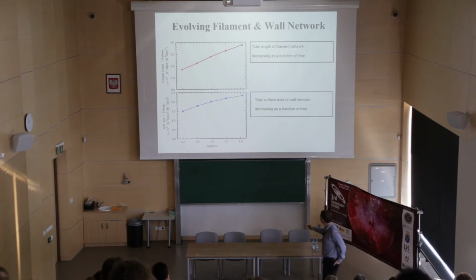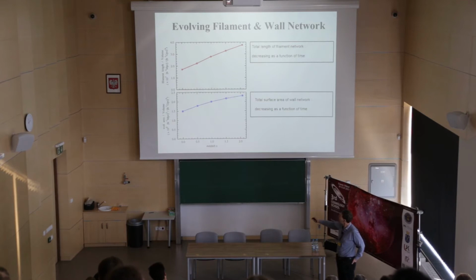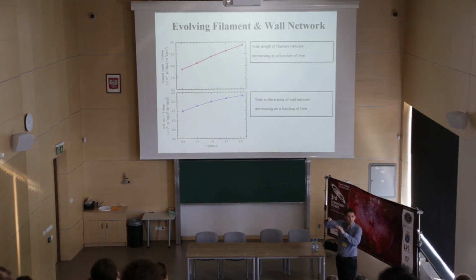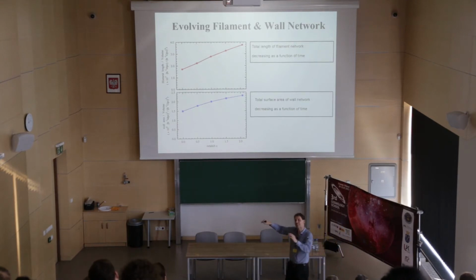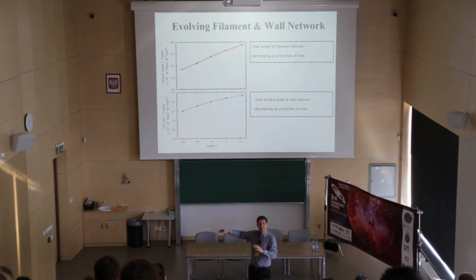And you see there was much more filament at high redshifts than in the present-day universe. Because what happened is that these filaments were basically moving together, forming more and more massive filaments, but that occupied less and less space, right?